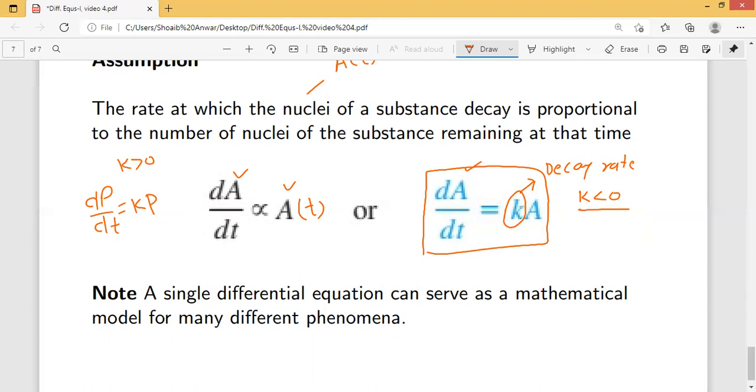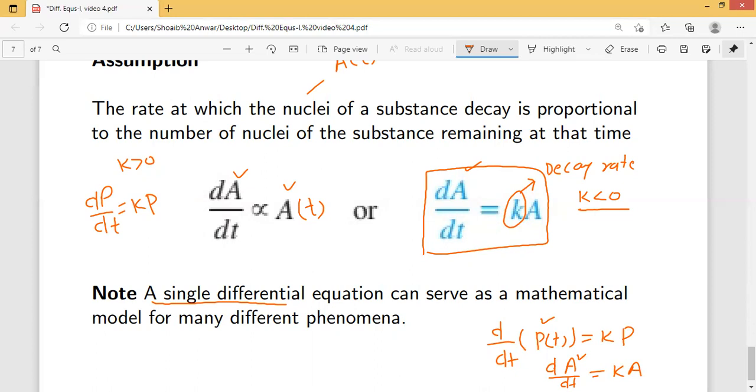Moreover, you can note that a single differential equation such as d over dt of P of t is equal to kP, or dA over dt is equal to kA. Both differential equations are the same; only here the unknown is population, and here the unknown is the number of nuclei of a substance that depends upon time.